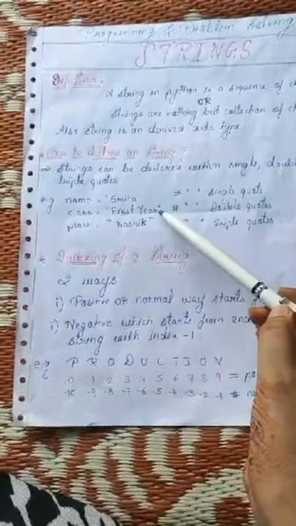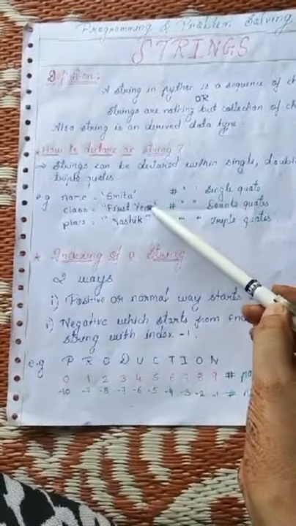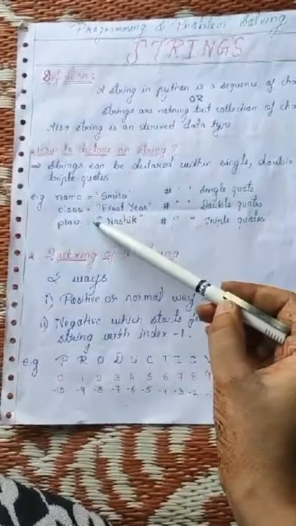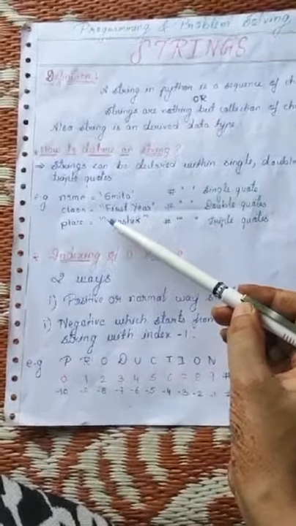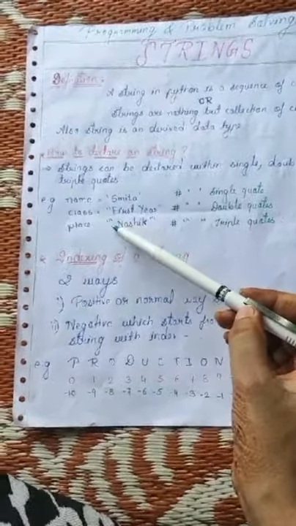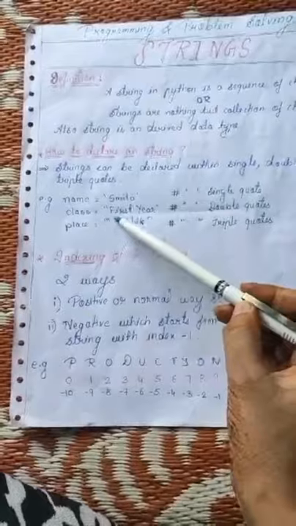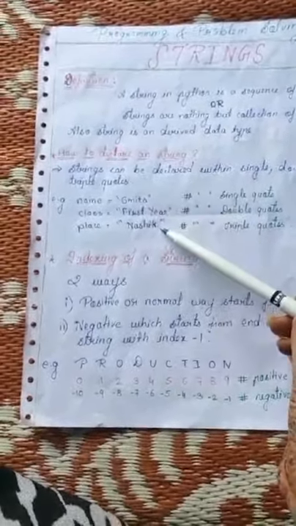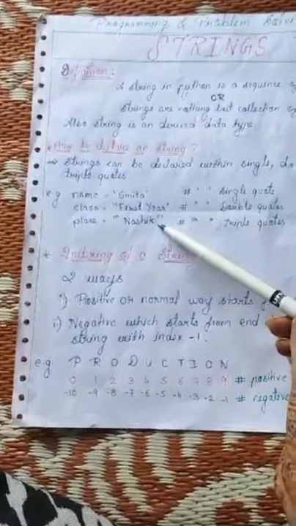In double quotes also we can declare a string. And the third and last option is that with triple quotes we can declare a string. Here triple quotes means we are using three single quotes. So these are all the options in which a string can be declared.